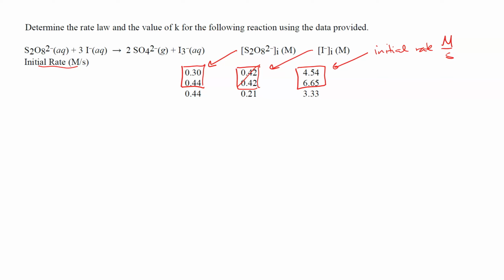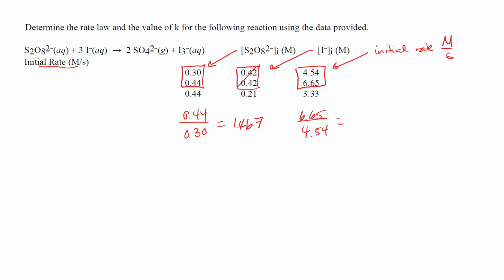So knowing this, let's make a simple ratio: 0.44 as our initial concentration on this side and 0.30. And this is going to come out to 1.467. If we do the exact same thing with the equivalent rates, 0.44 associates with 6.65 moles per liter per second, so 6.65 over 4.54.